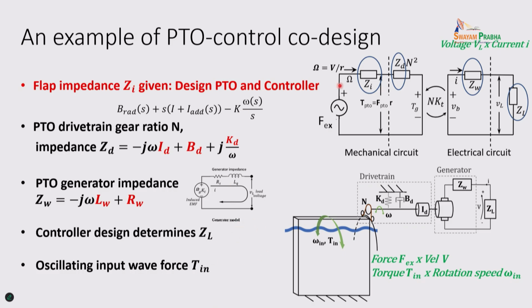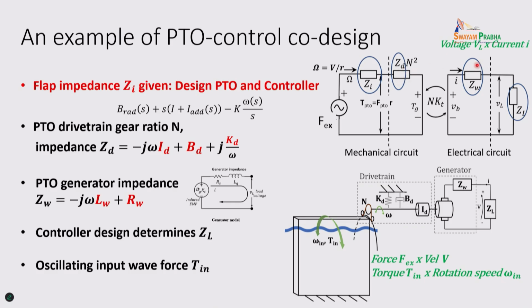Okay, the PTO control co-design system, what does that mean? You need a certain level of thinking: how to design the system considering the flap rotation inertia, added mass, and hydrostatic stiffness. You need to consider your ball screw's rotation inertia, ball screw damping, and PTO stiffness.